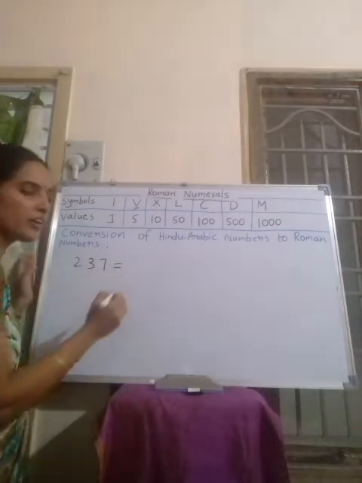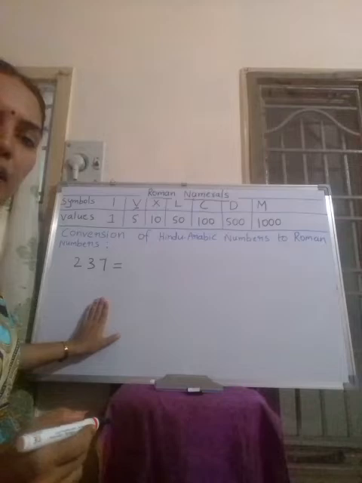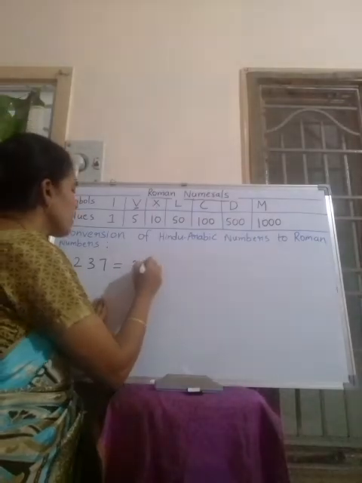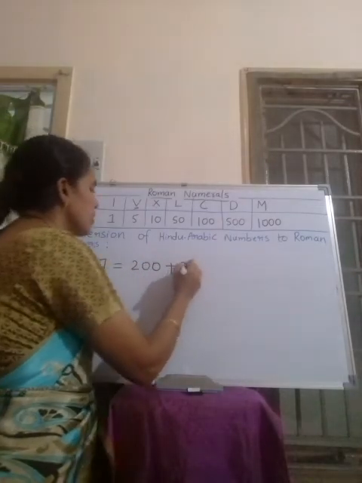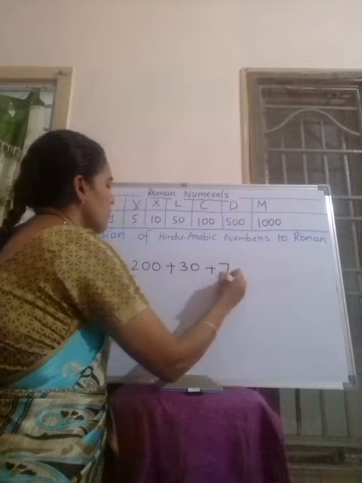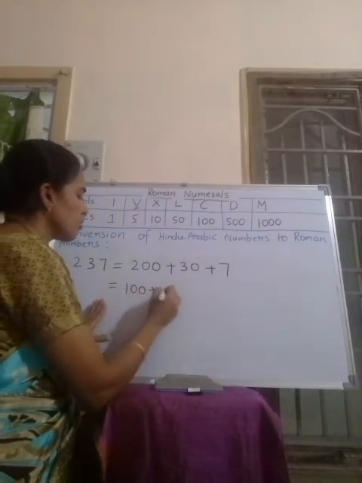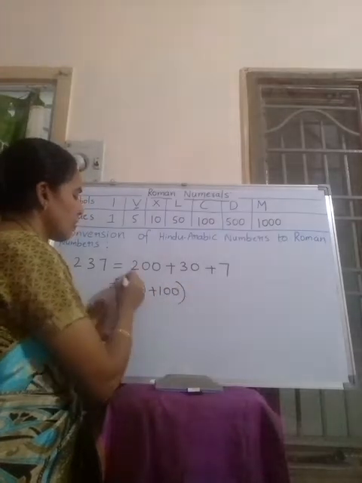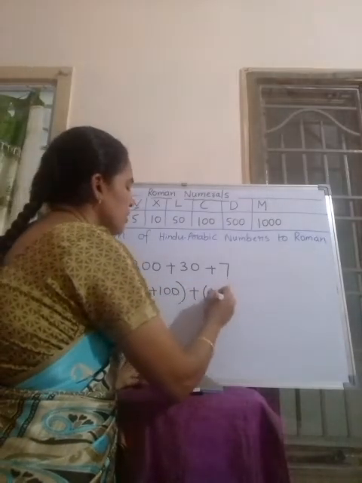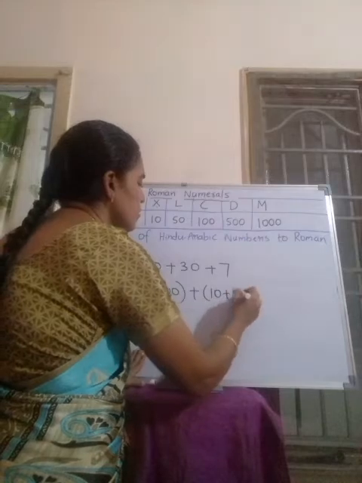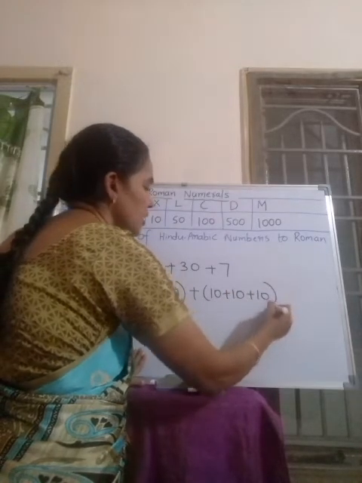Let's take another number, 237. 237 expanded form: 200 plus 30 plus 7. The 200 symbol is not there, so we take 100 two times. After that, 30 is nothing but taking 10 three times.